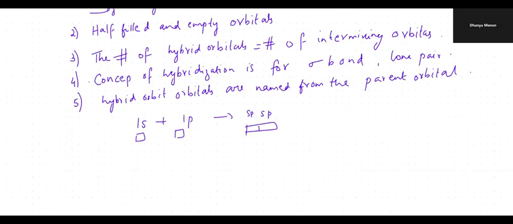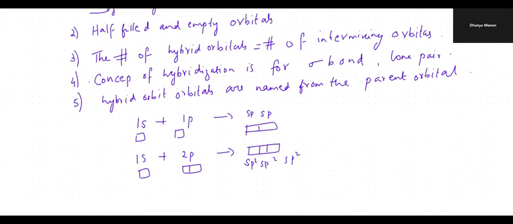Okay, if 1s and 2p are mixing, we get 3 hybrid orbitals. All of them are sp2, sp2, sp2.